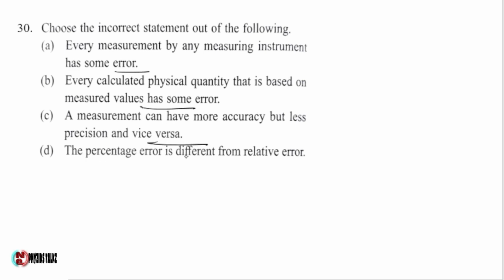The percentage error is different from relative error. It is a wrong or incorrect statement, so the right option is option D, as the percentage error is given as delta x by x into 100%, and relative error is delta x by x. So these are the same quantity. So the correct option is option D.